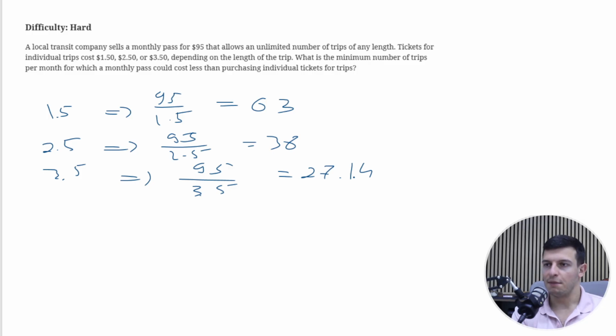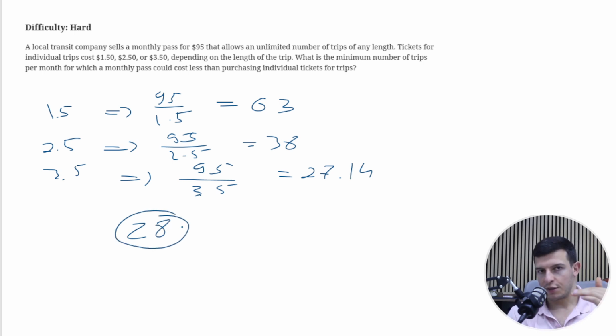So we're going to pick the minimum one, but the minimum is 27.14, which is not really, you can't buy a fractional ticket, right? So we have to pick the next available integer, which is going to be 28. So if you are visiting 28 times, at this point, minimum 28 times, it will become much more beneficial for you to get a monthly pass than buying individual tickets. Okay, maybe think about that a little bit.